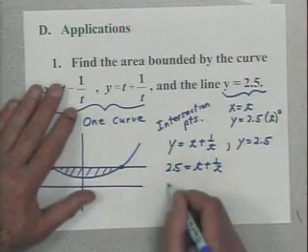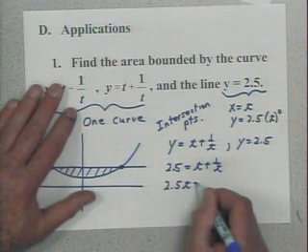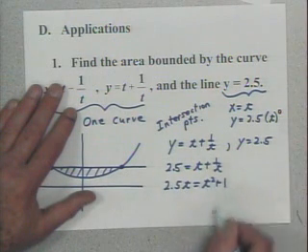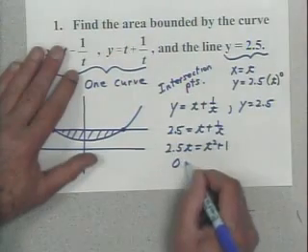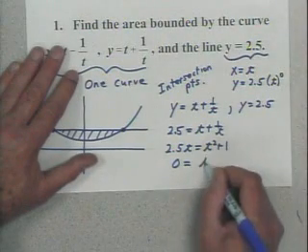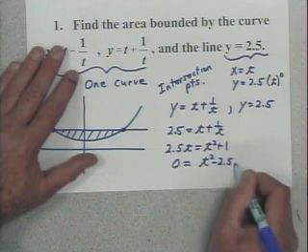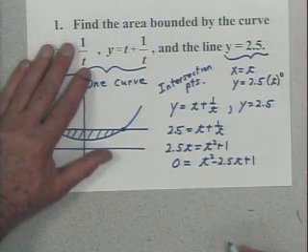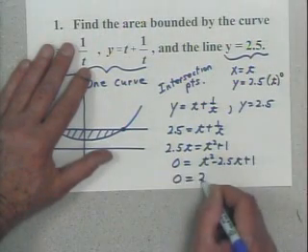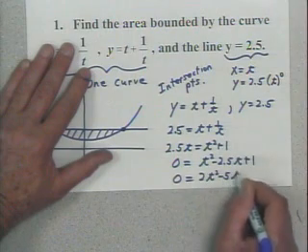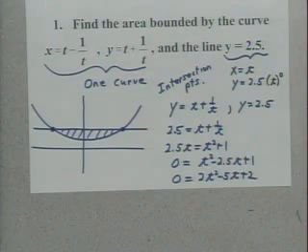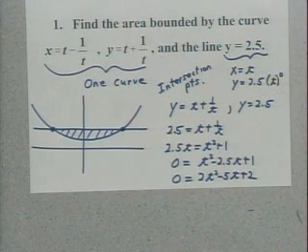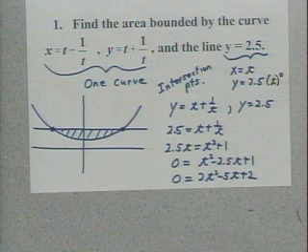Okay, multiplied each side by t, got 2.5t equals t squared plus 1. Got one side equal to 0 because it's a quadratic, and had t squared minus 2.5t plus 1. Well, if I'm going to factor, I don't like decimals, so I multiplied everything by 2. I got 0 equals 2t squared minus 5t plus 2. And then I was hoping that was factorable, because if it is, then I'm going to have some nice answers.